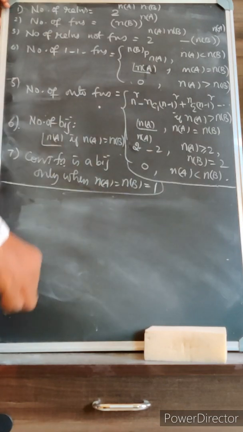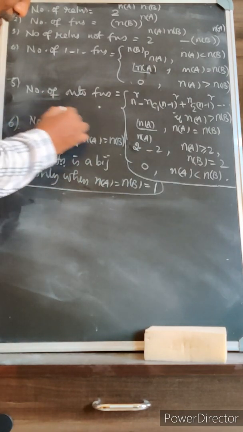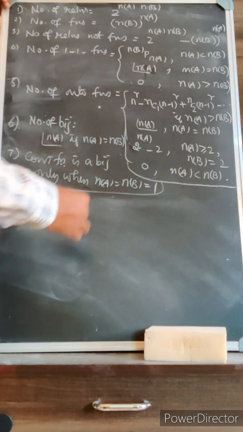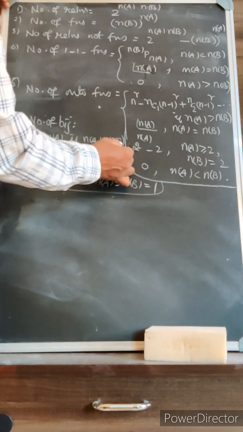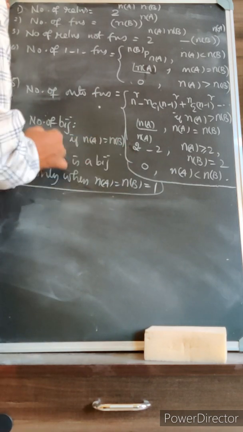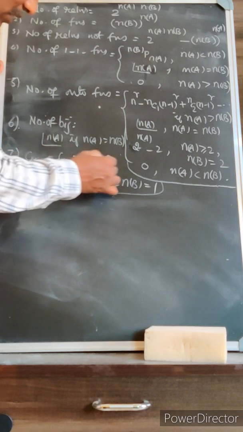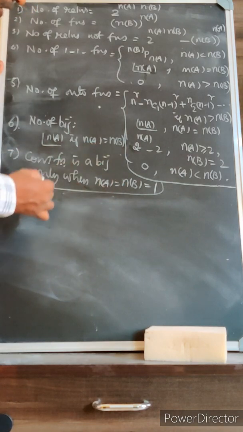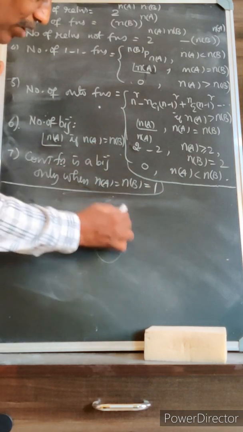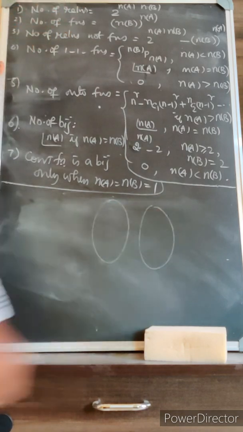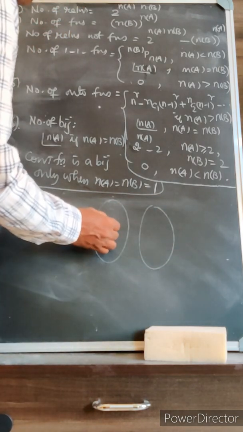Then number of bijections. Number of bijections only will exist when n of a equal to n of b. When n of a and n of b are equal, number of bijections equal to n of a factorial. Then a constant function is a bijection only when number of elements in the domain and number of elements in the codomain is equal to 1.